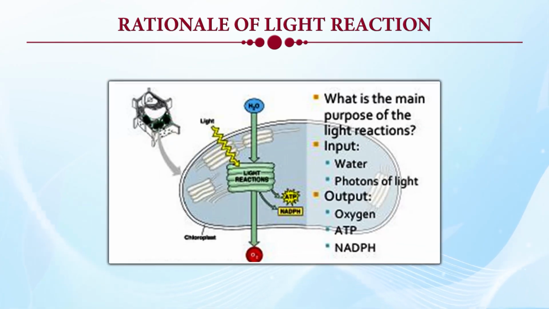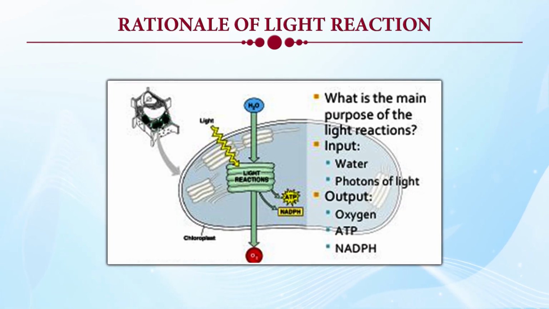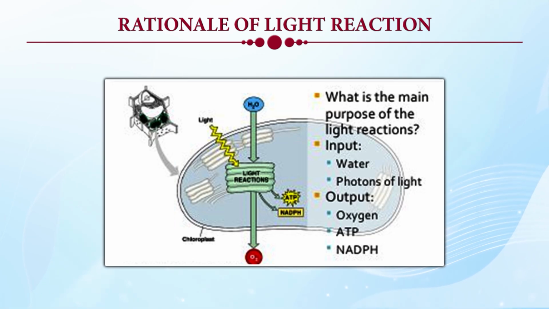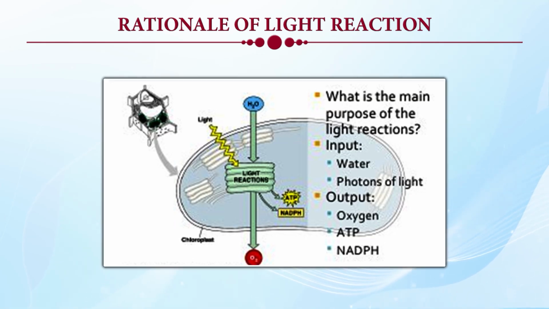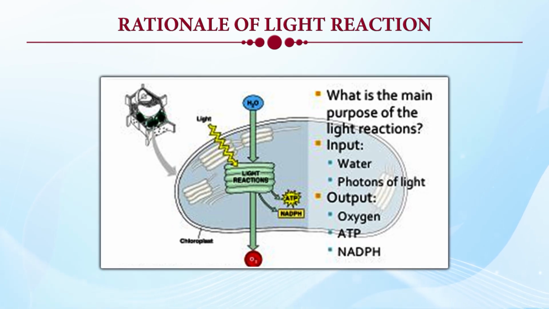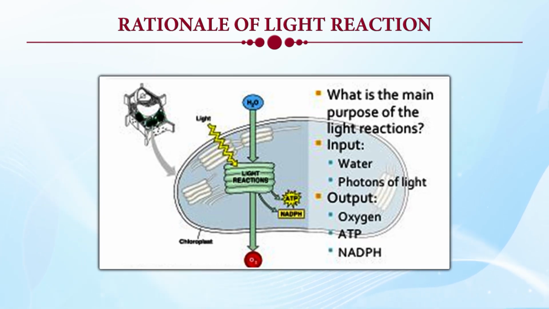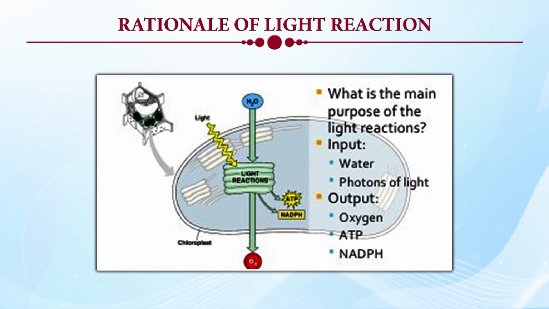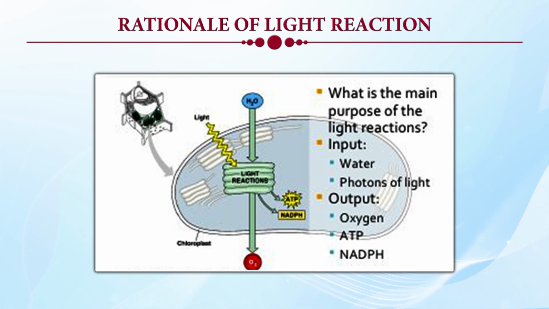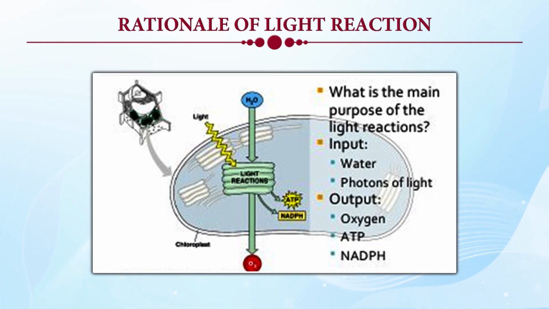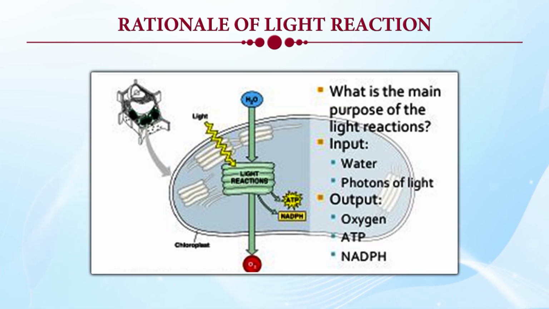So, as I said earlier, the rationale of light reaction was the release of oxygen and manufacture of ATP and NADPH from basic raw materials like photons from sunlight, which we had mentioned in detail in the form of an electromagnetic spectrum in our last lecture, and of course, water.